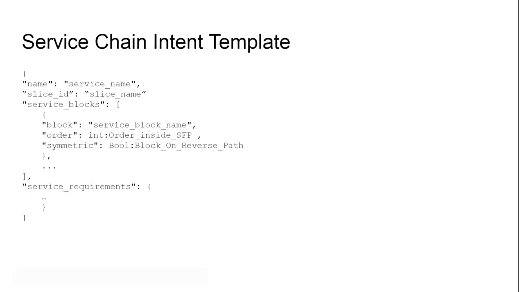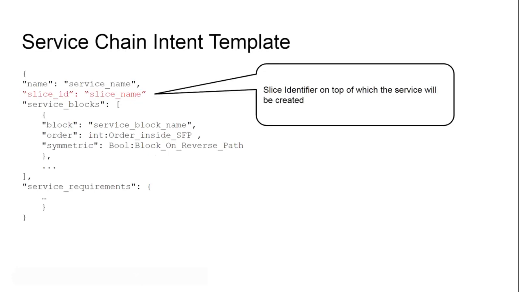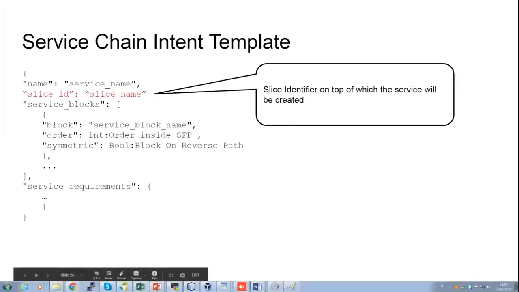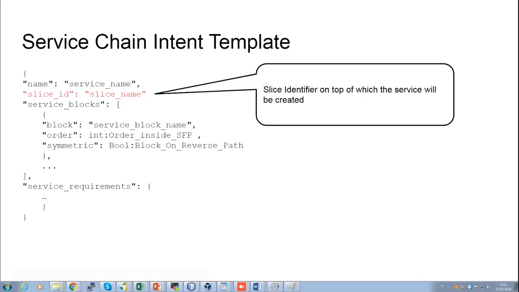So again, it is a JSON, which has first the parameter that is simply the name of the service. Then you have the slice ID, which identifies on top of which slice this service will be launched, so on which slice the blocks, or the VNFs, are actually deployed.